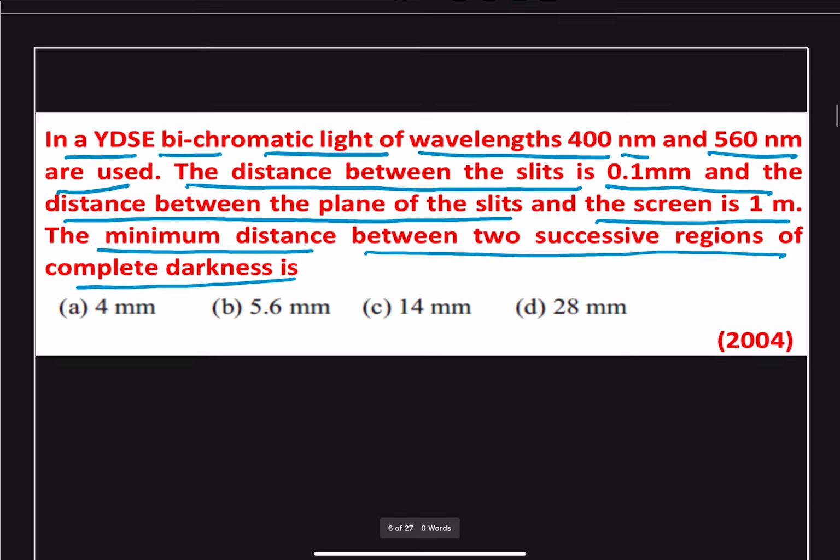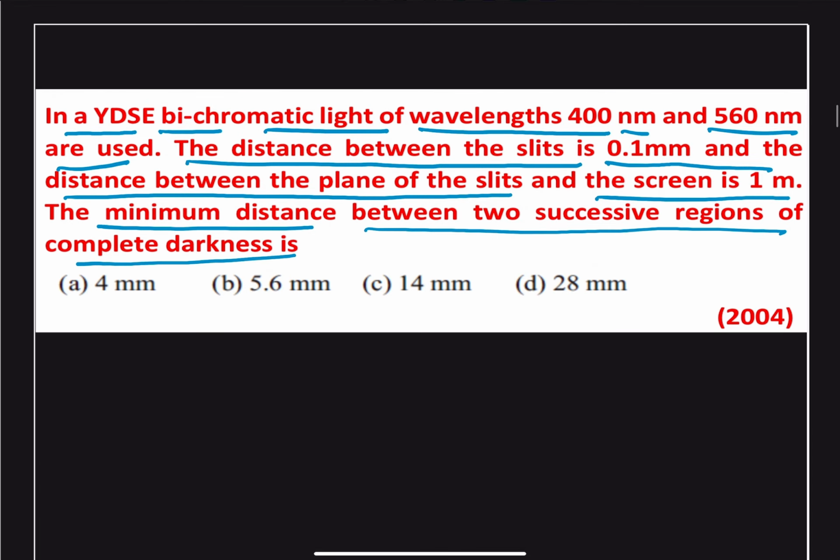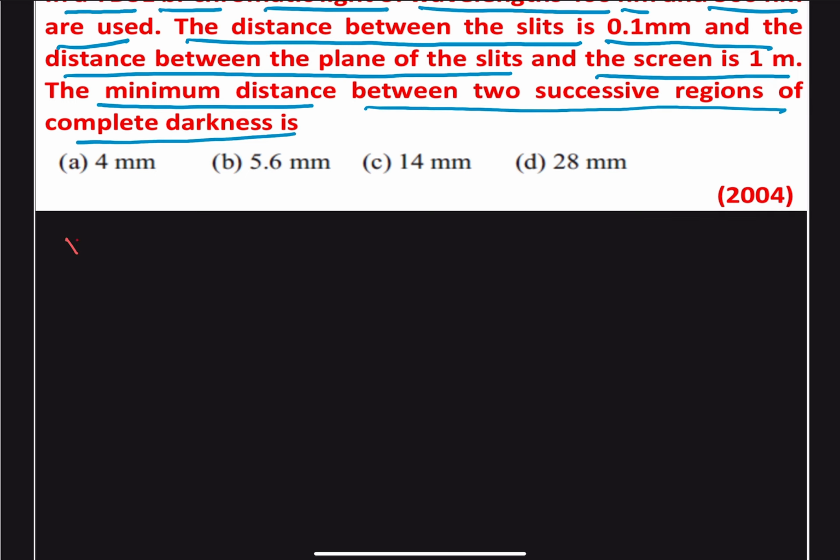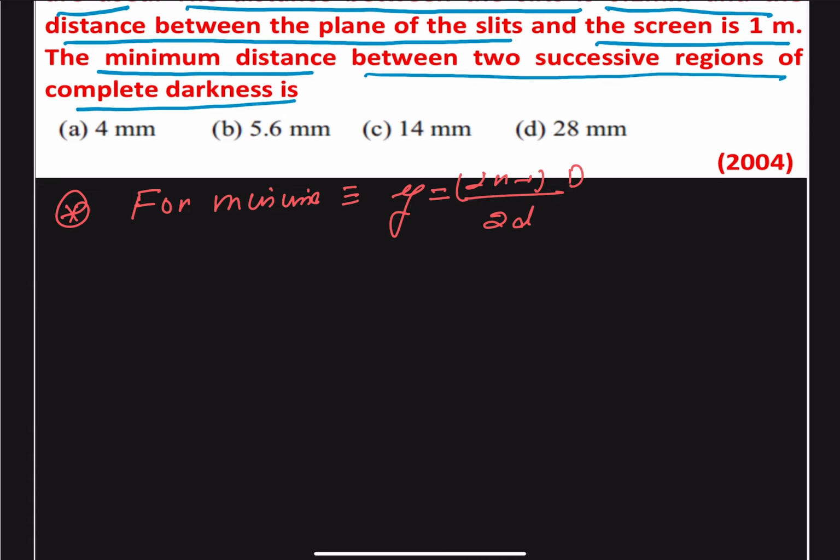We are given two wavelengths, and we know the standard formula for a minima: y is equal to (2n minus 1) divided by 2d, multiplied by capital D. Now we have two wavelengths.